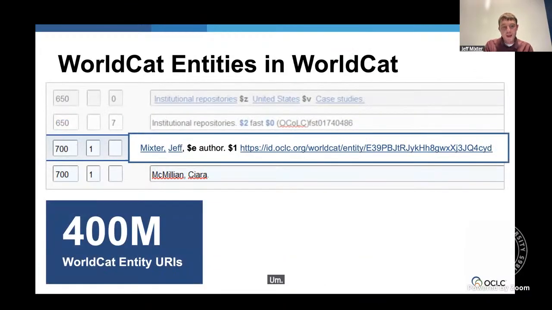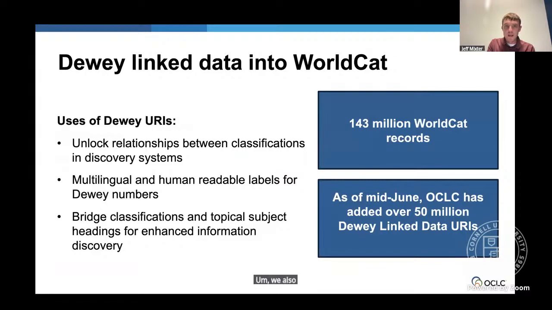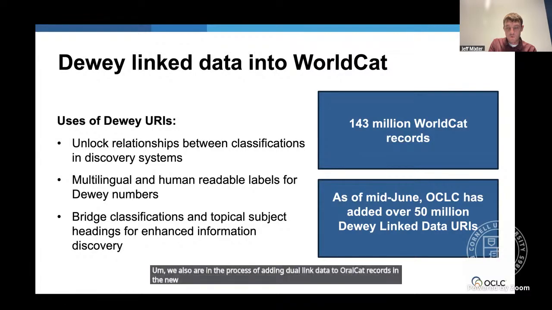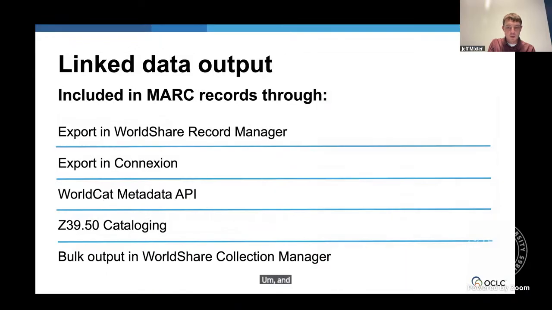So to date, we've added over 400 million of these identifiers to WorldCat records. We also are in the process of adding DDC linked data to WorldCat records in the newly approved subfield 1 usage in the 082 field. How can we get these linked data identifiers?